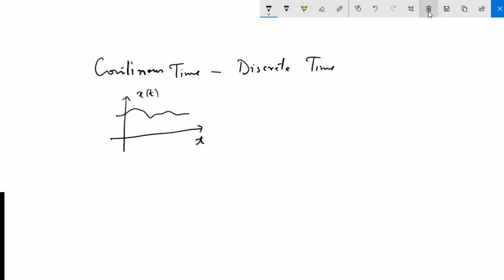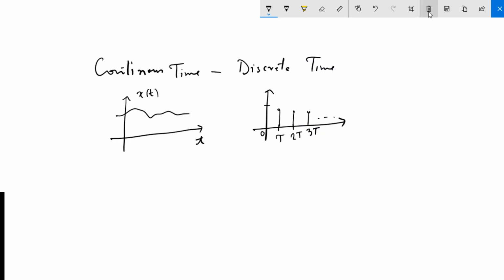When the time is continuous, the signal is called continuous time, whereas in discrete time, the signal is not present at each and every instant of time. The time axis is basically discretized. So you may have a signal at this time, then after some time T you have this value, then after time 2T another sample, then after 3T another sample, and so on.